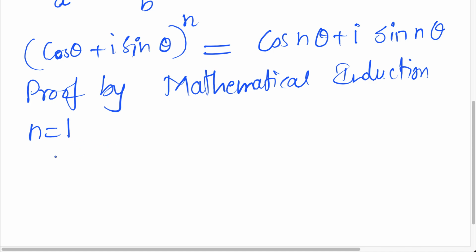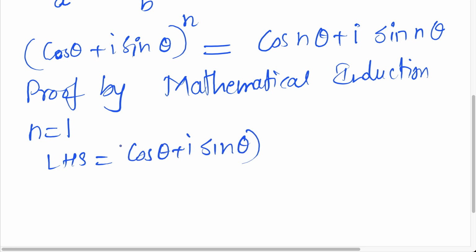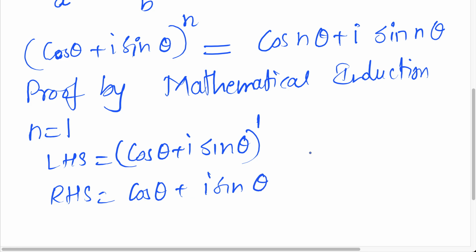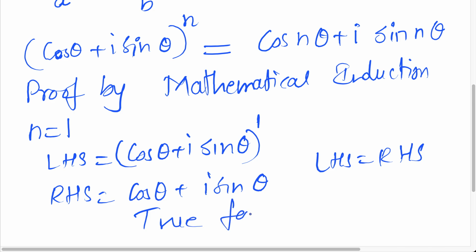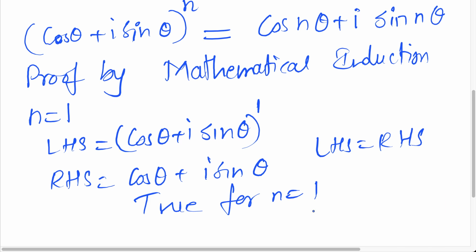So for n equal to 1, the LHS will be (cos theta plus i sin theta) raised to 1, and the RHS will be cos theta plus i sin theta. Definitely they are equal, so LHS is equal to RHS, so the result is true for n equal to 1.